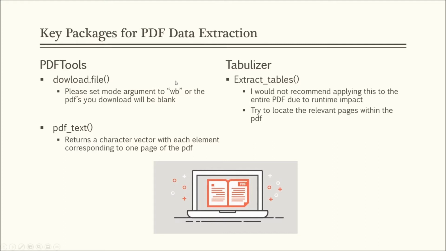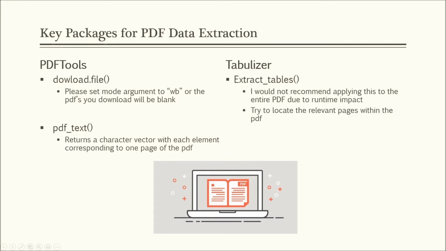So what's probably a better approach, which I'll discuss in the second video, is finding the relevant pages, the table of information that you need is on in the PDF, and then just downloading the tables from those specific pages.